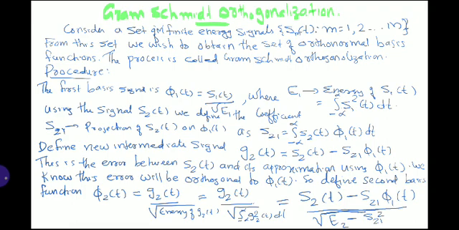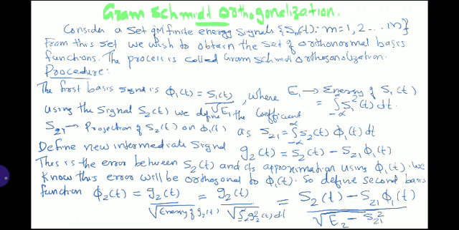So that is equal to G2 of t by root of integral from minus infinity to infinity of G2 square of t dt. G2 of t is S2 of t minus S21 into phi1 of t. So if you substitute for G2 square of t dt, you will get root of E2 minus S21 square. This also we have derived before.